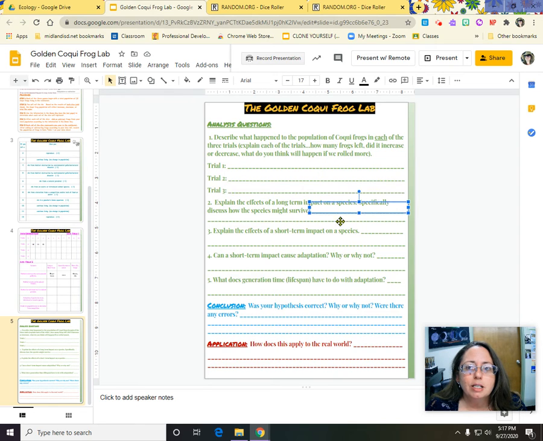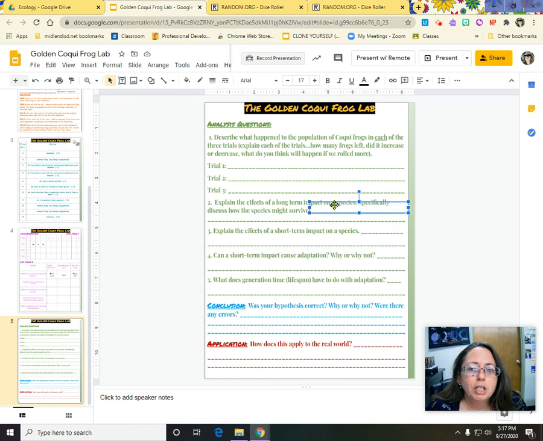Then it says, explain the effects of a long-term impact on a species. Specifically discuss how the species might survive. Okay, so we know a couple of things could happen during a long-term change, right? So look in your notes.